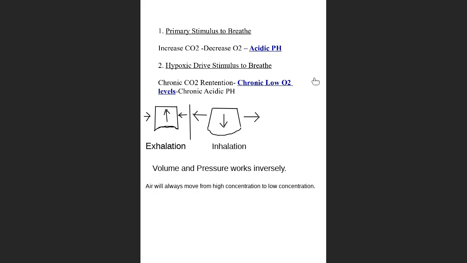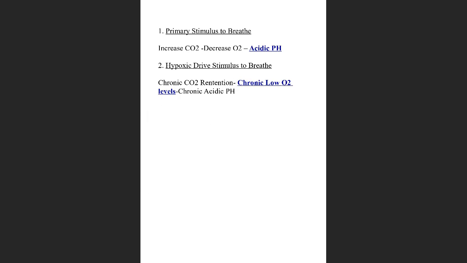So we're actually going against the normal physiology of breathing. That's why it has to be done a particular way. So it's very important that we understand this. Now, let me put my chart away. All right, so putting that away.